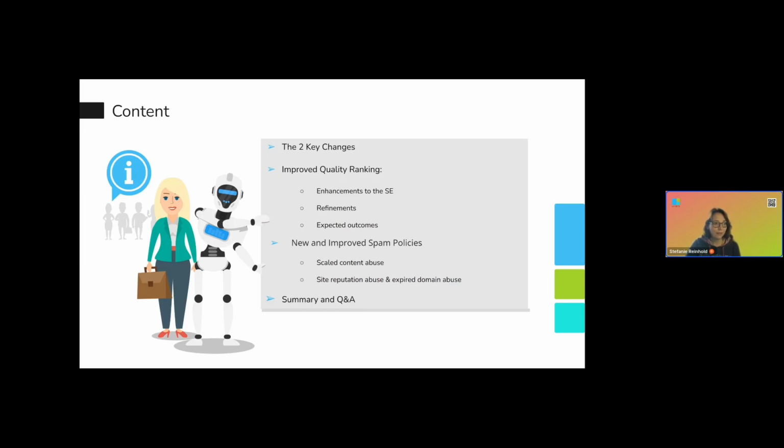For the improved quality ranking, I divided it into the enhancements of the search engine, so the refinements Google did, and the expected outcome of that, because it's 2 different things. Then we have a look at the policies, especially the scaled content abuse policy, because that relates directly to automated content.